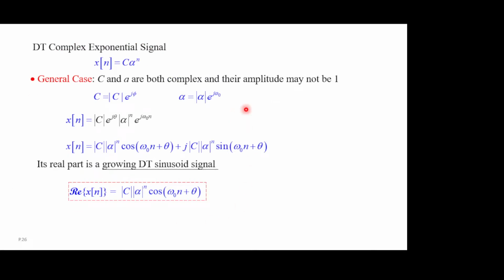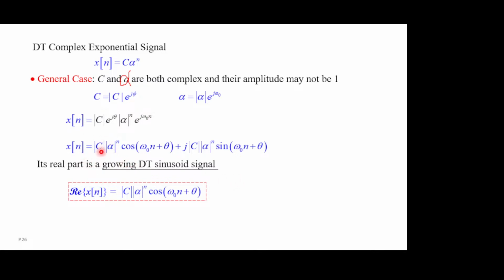And just like in the continuous time case, you can write the general case of x of n equal to c alpha to the n. If c and alpha are both complex, then you do the same decomposition. Because we are talking about alpha and not beta here, we make c and alpha both into polar form, and then you can still write it this way.